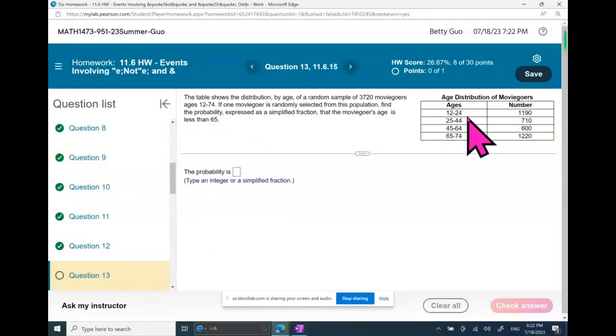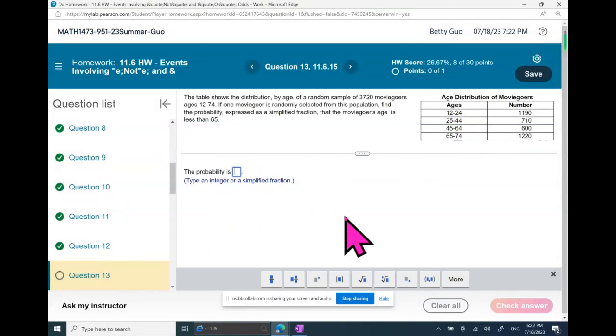So the first row, second row, third row are all less than 65. How about the two events: get a moviegoer less than 65, and get a moviegoer not less than 65. One of them is easier to compute the probability for. In this case, computing the probability of getting a moviegoer who is 65 or older is easier because it's the last row.